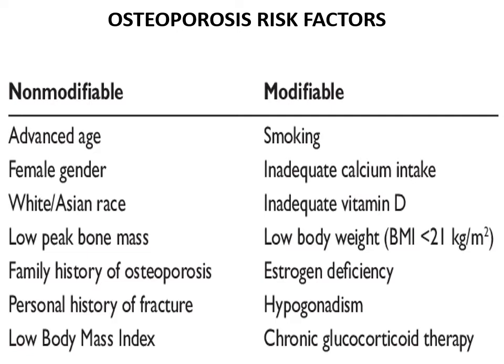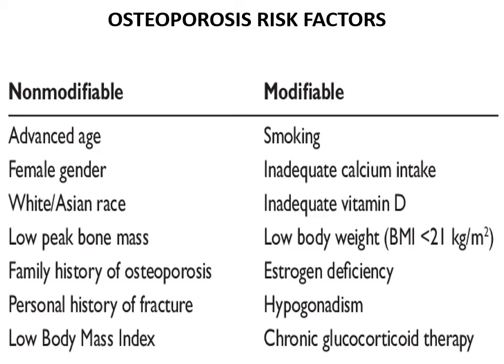And the last one, really important, chronic use of corticosteroids. So glucocorticoids such as prednisone, dexamethasone, for an assortment of conditions such as rheumatoid arthritis, systemic lupus. We use them for so many conditions, and we're very conscious of the fact that they cause increased bone breakdown, leading to osteoporosis.